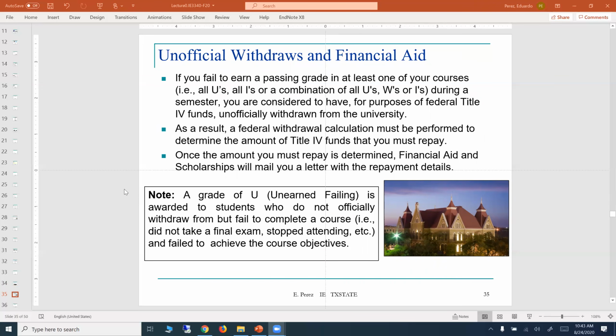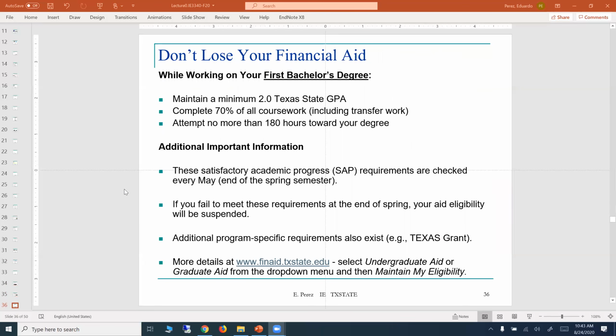Again, if you are getting any type of funding for your degree, make sure that you follow these requirements from the university, so that you don't lose your financial aid. You can read this on your own, if that's your case.